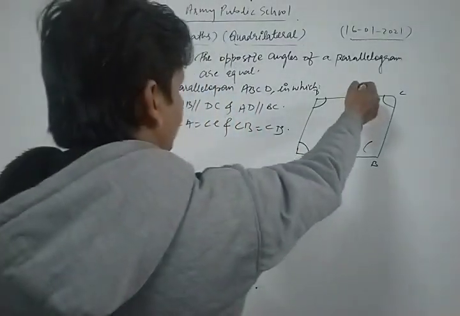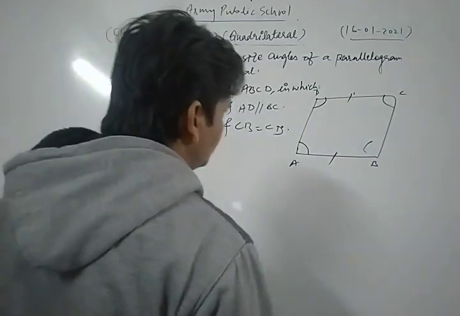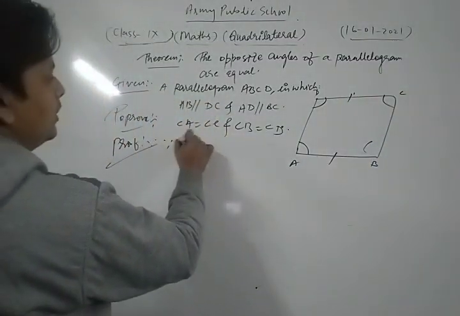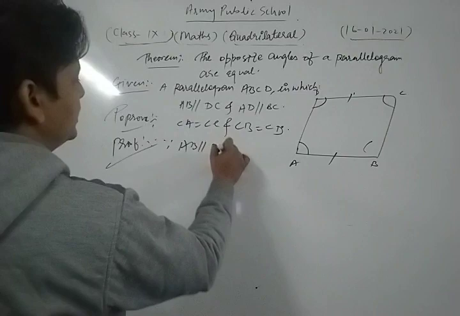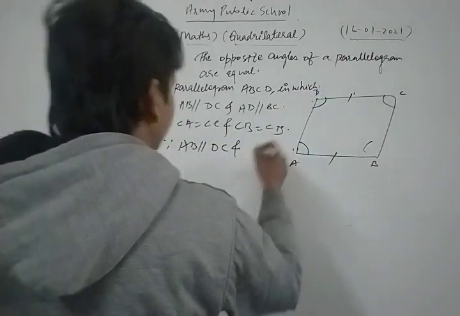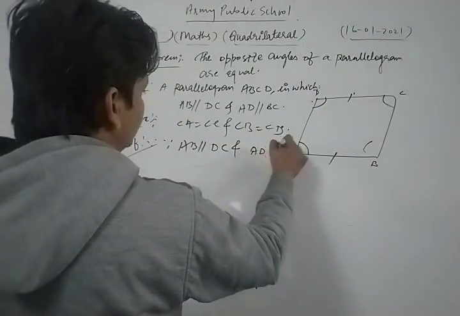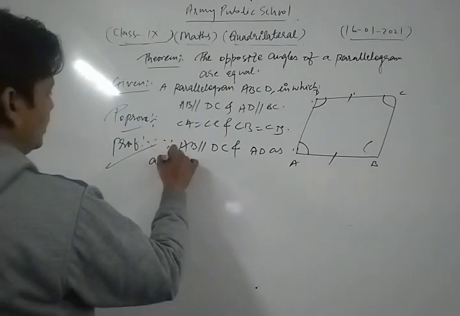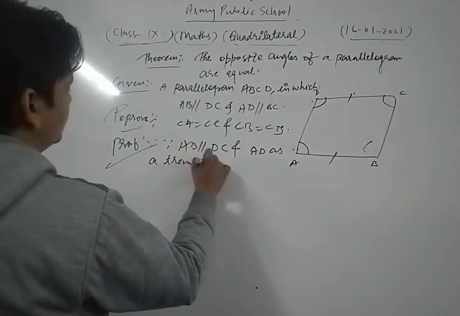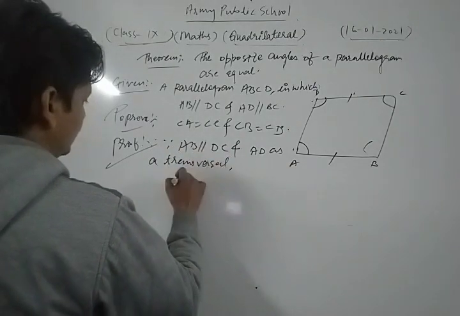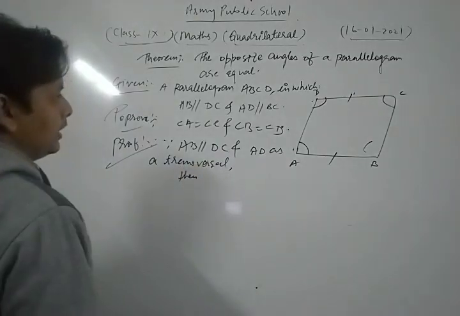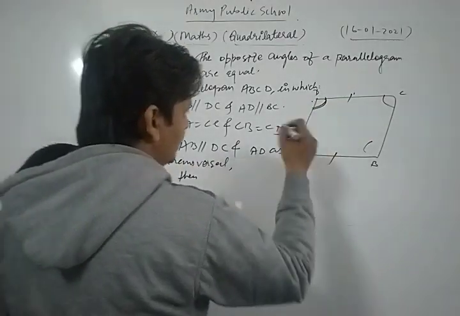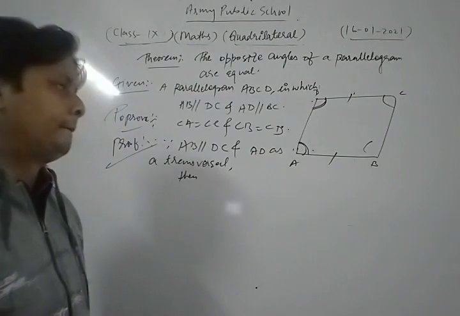Here AB is parallel to DC. Since AB is parallel to DC and AD is a transversal, angle D and angle A form what?